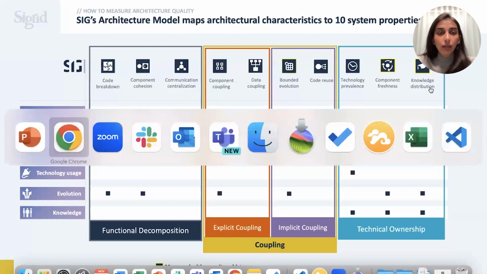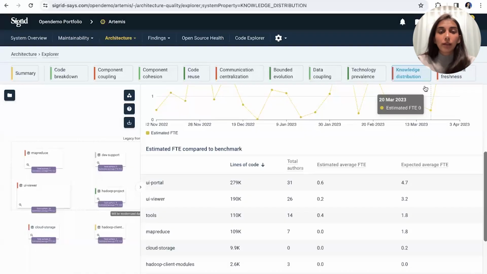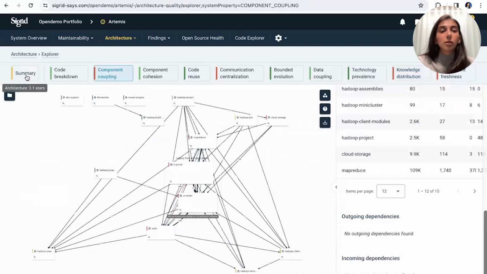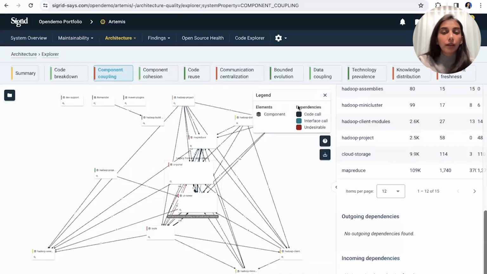So let's go into the platform and look at it. One thing, as I mentioned, is explicit coupling. The summary tab is where you see a little bit of everything on these metrics. And then there is component coupling. Component coupling shows you the direct, explicit calls, as I mentioned. What types of calls it is measuring, you can find in the legend.